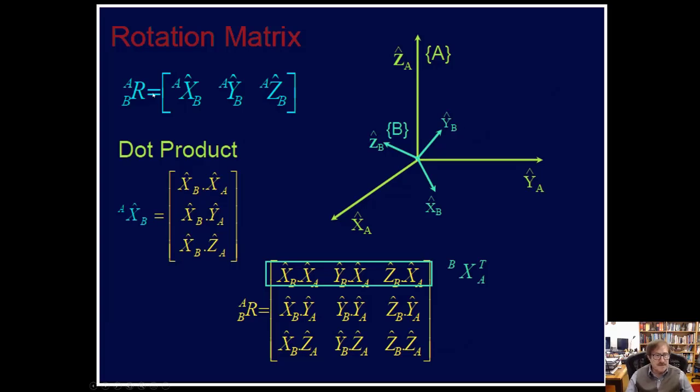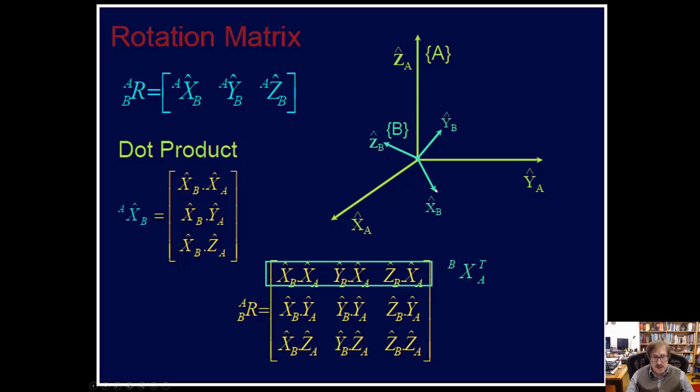So we have seen what sort of information is in this rotation matrix: a column showing the projections of XB in frame A, another column showing the projections of YB in the A frame, and the third column showing the projections of ZB in the A frame. What is the projection? Projection is obtained by the dot product.